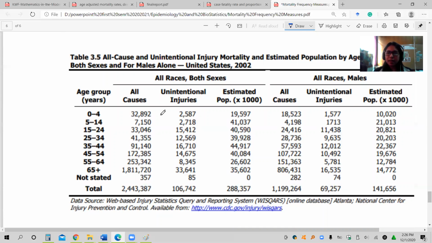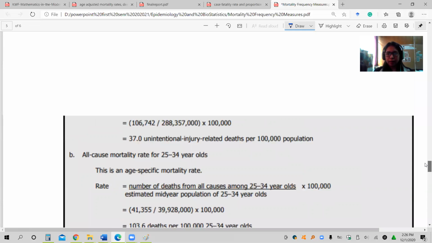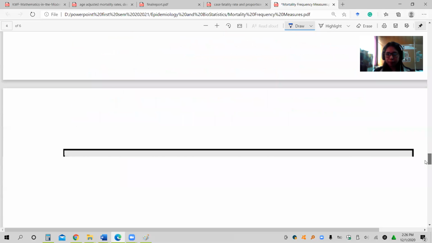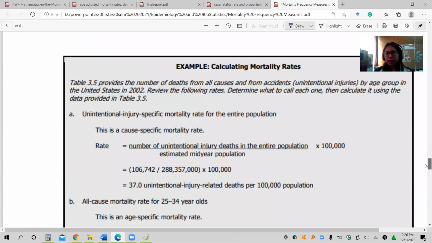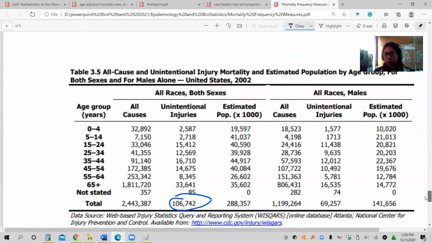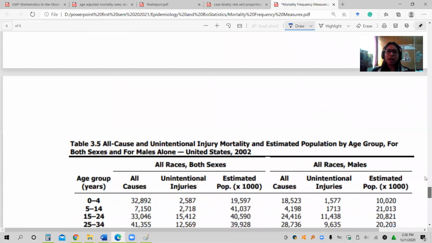So this is the unintentional injury. The total is 106,742. And then the estimated mid-year population. So what is our mid-year population? It's 2,443,300.